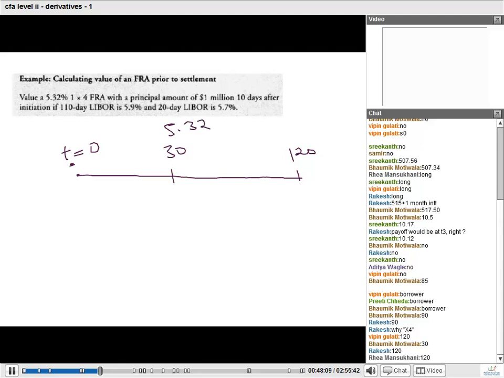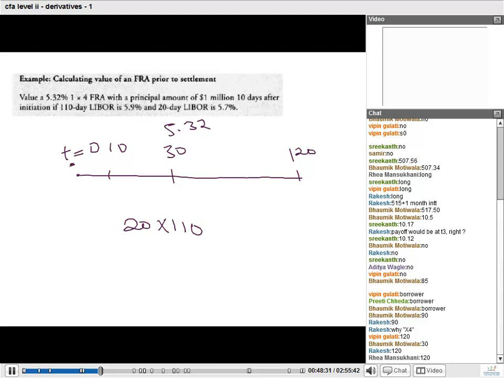Now what has happened is that 10 days have passed. What does this FRA look like now? What is the time to expiration? It is 20 days. And what is the period of the loan? It is 90 days.